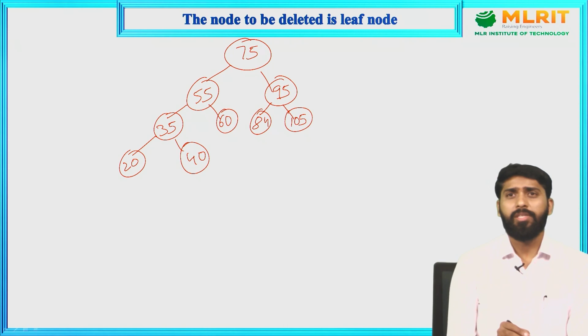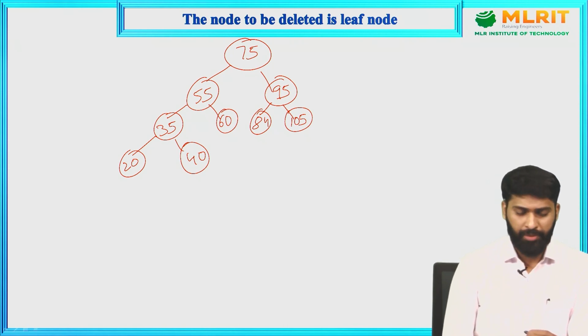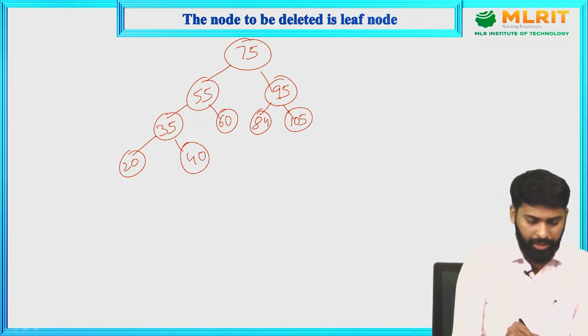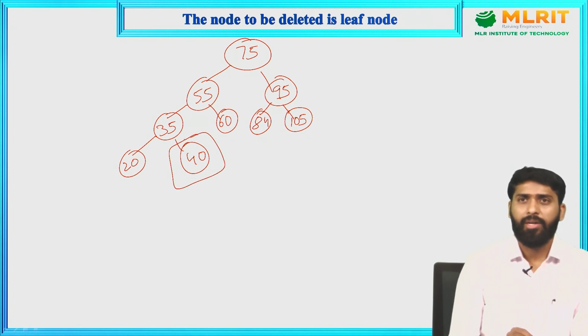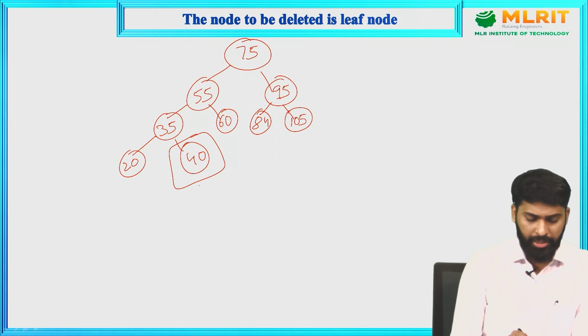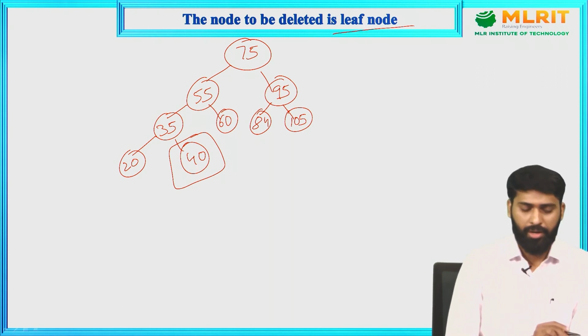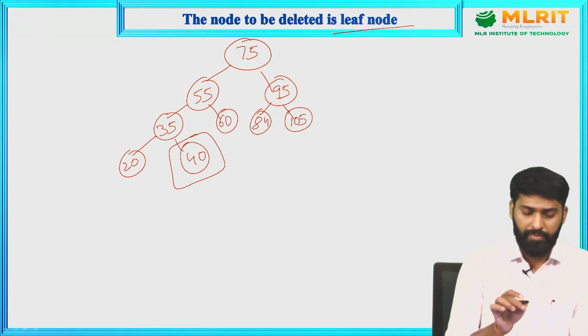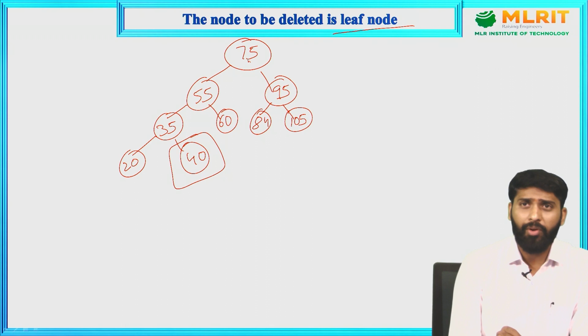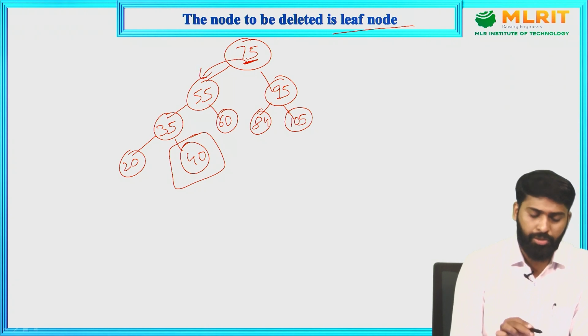So consider this binary search tree. Now here I want to delete this 40. 40 doesn't have any children, so this 40 we call a leaf node. Now how do we delete this? We traverse from the root. For example, the root is 75. I want to delete 40, so is 40 less than or equal to 75? Yes, it is less than, so traverse to 55.